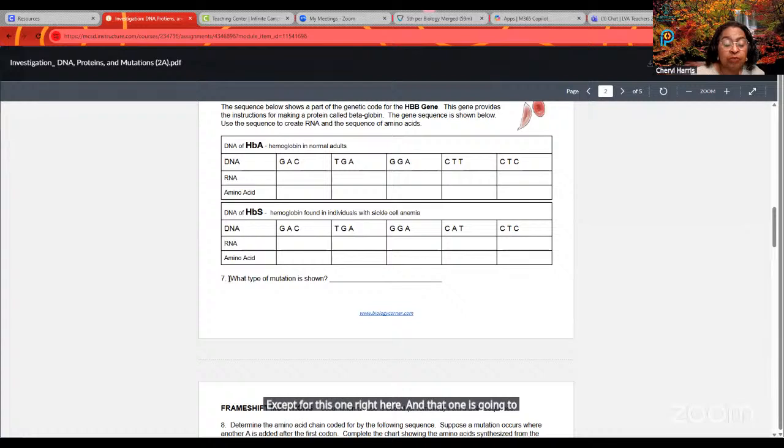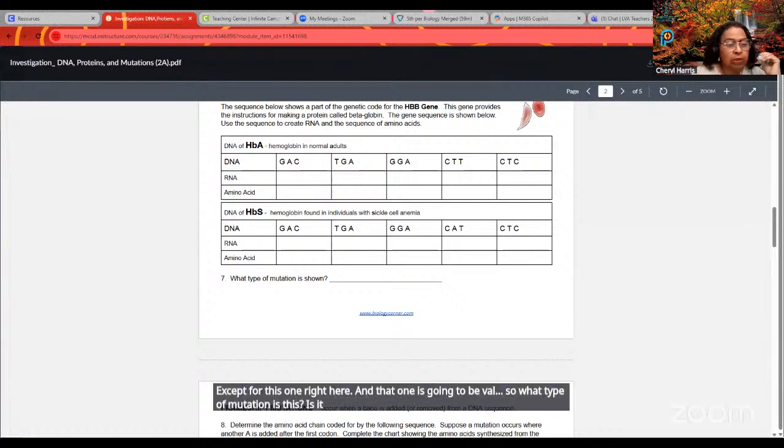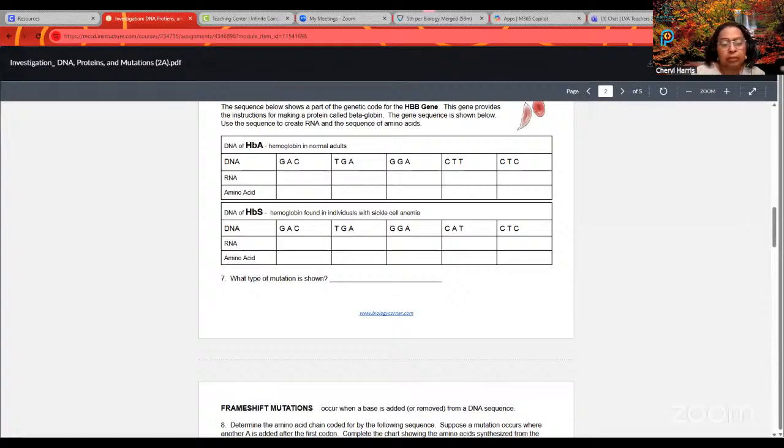So what type of mutation is this? Is it point or silent? It's going to be silent. No. Silent is when there's no change at all.